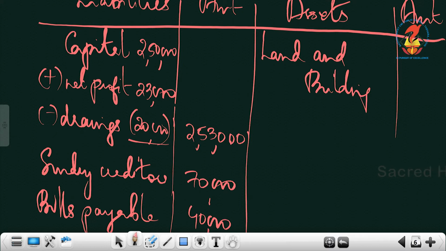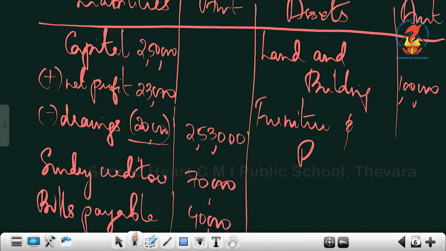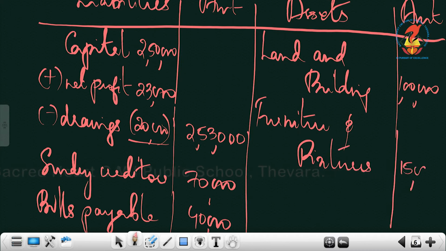Land and building, the amount is 1 lakh. Then the next fixed asset, furniture and fixtures, 15,000. Then plant and machinery, 57,000.